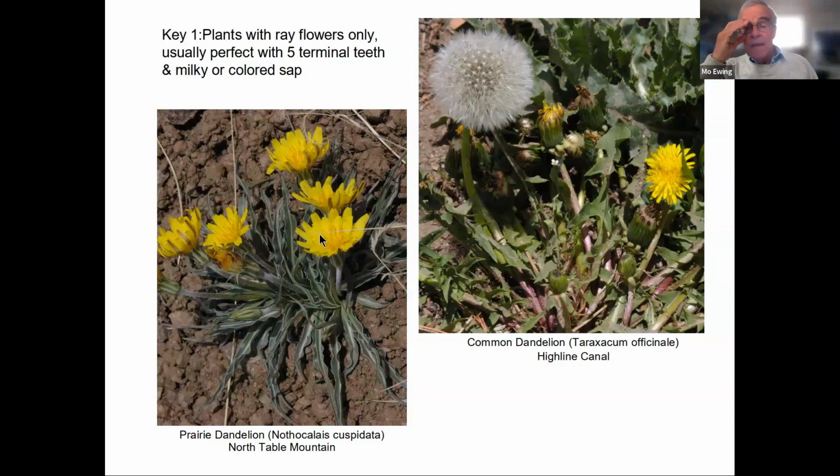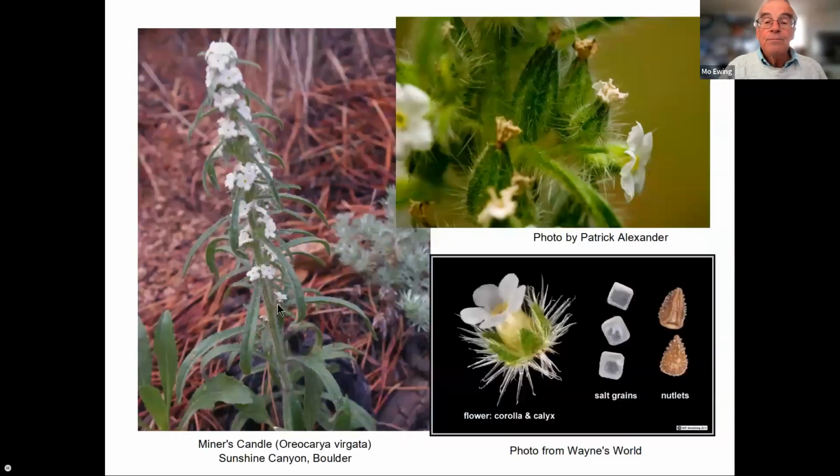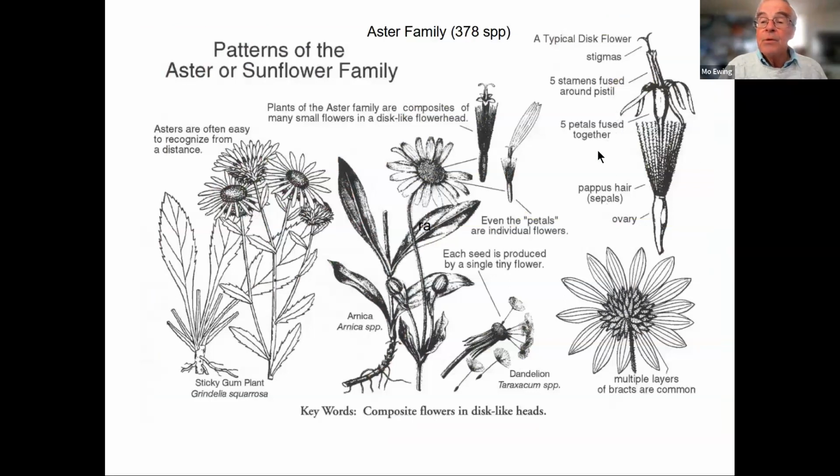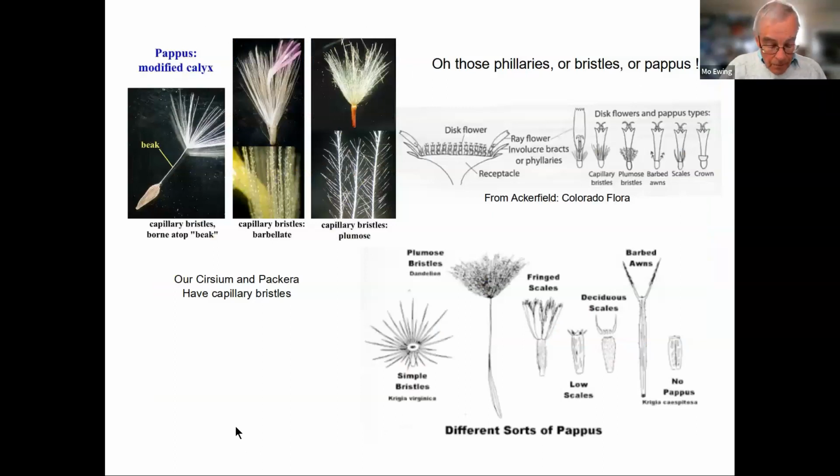Okay, now I have to take you through a little more technical stuff to get you into keys 2 through 6, and I have to discuss pappus. Remember, the pappus was here. These are modified sepals. In order to split the following groupings, you have to take a look at the pappus.